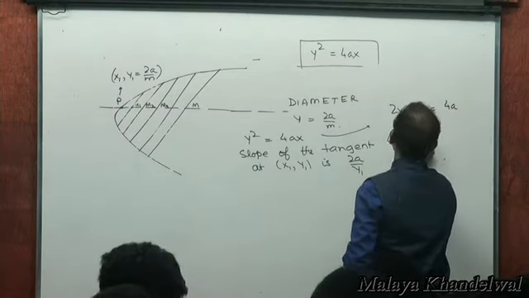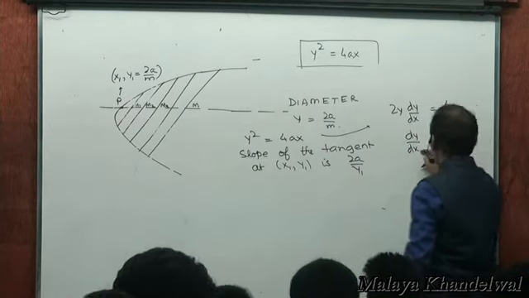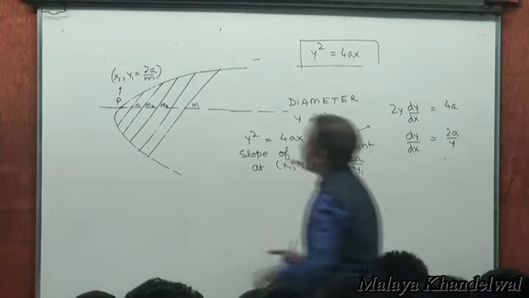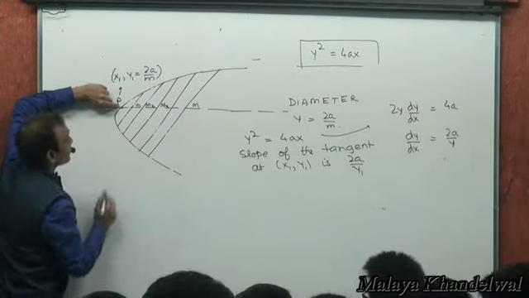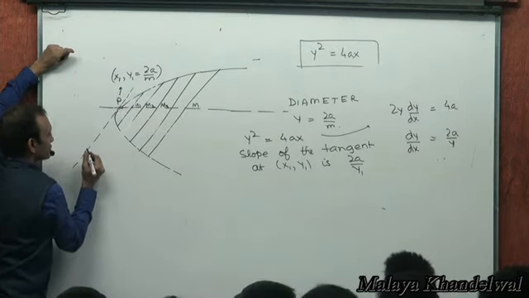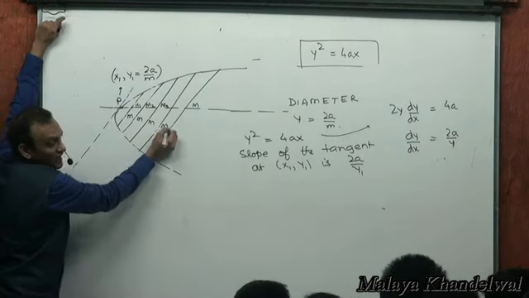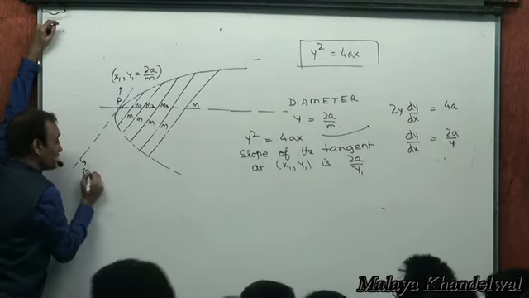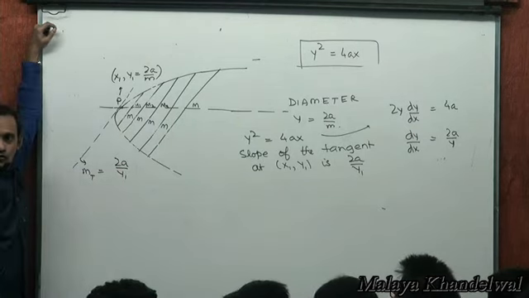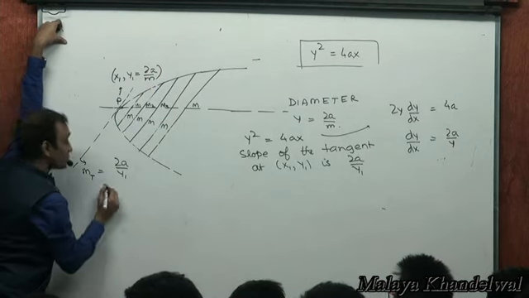So dy dx would be 2a by y. So at y equal to y1, dy dx would be 2a by y1. That's the slope of the tangent. So if I draw a tangent at P, then the slope of that tangent, see, each of these lines is of slope m. The slope of the tangent would be 2a by y1, but that's the same as m. That's m.